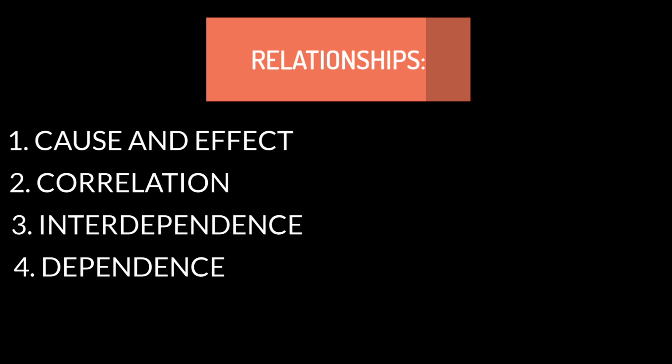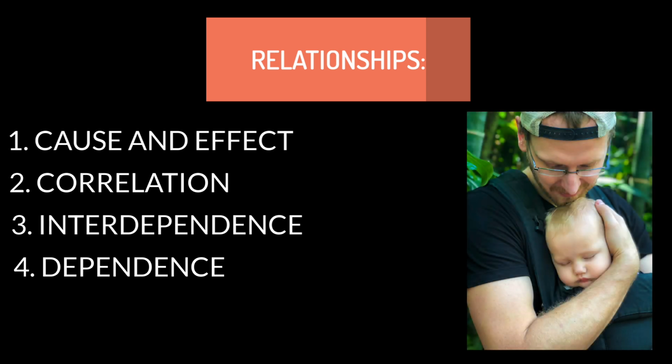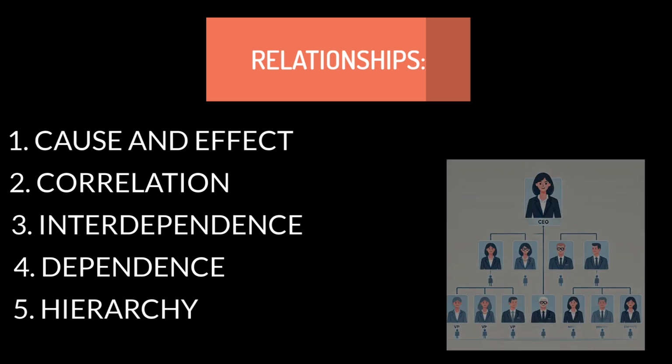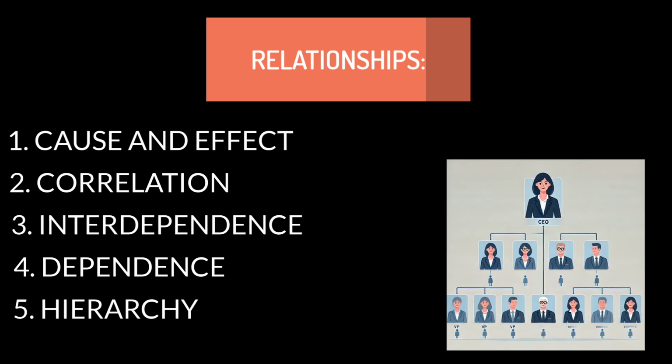For instance, a child depends on parents for care. Another final relationship that I want to talk about is hierarchy. This is the ranking of elements from most to least important, or vice versa. For example, in a company, hierarchy is the relationship between the different roles. At the top is the CEO, who has the most authority and responsibility. Below the CEO are managers, who oversee various departments, and employees are below them.